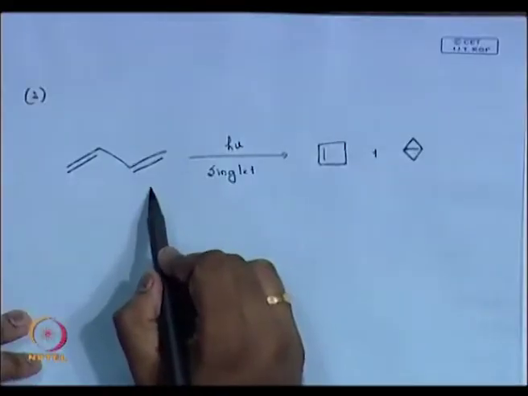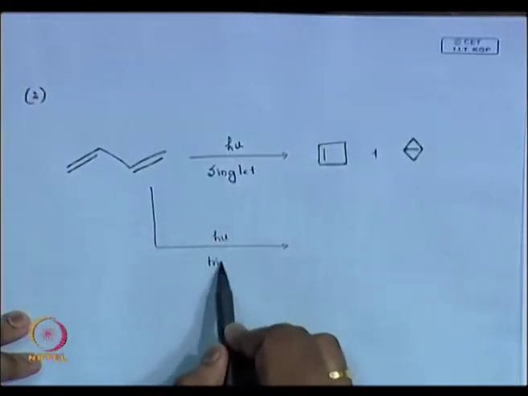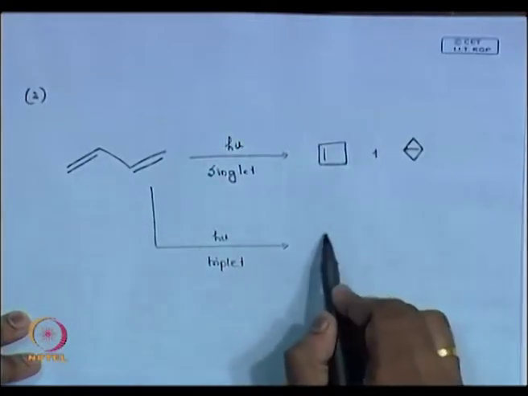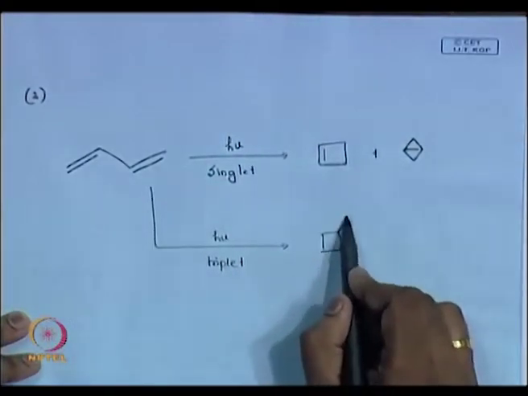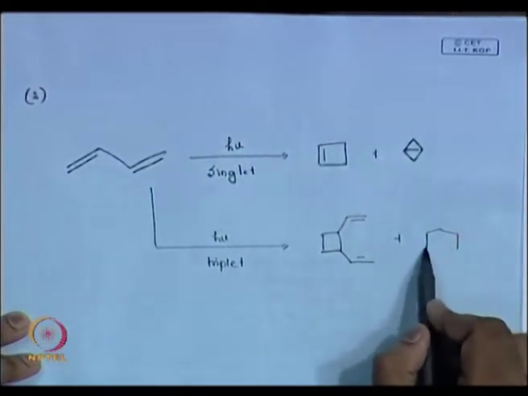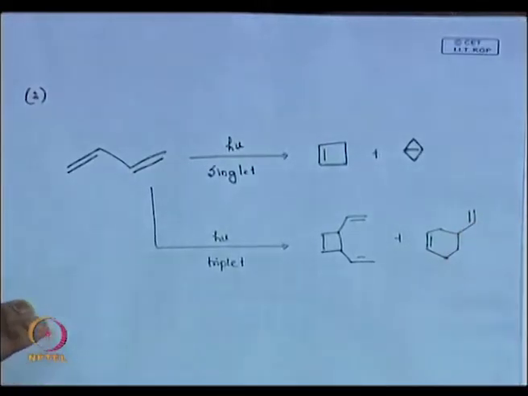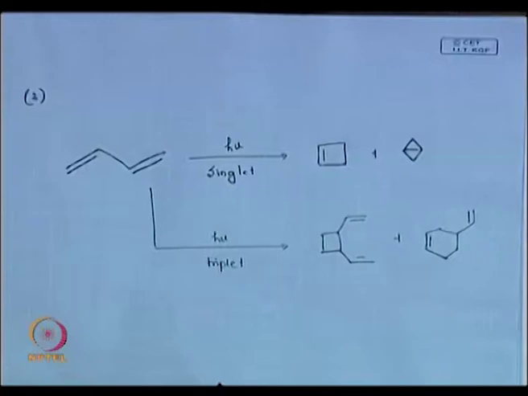I get two products. I get a cyclization, this type of product. I will explain the mechanism in detail in this class, how it forms, but just look for the application of energy transfer. If it is done from triplet, I get this type of product.